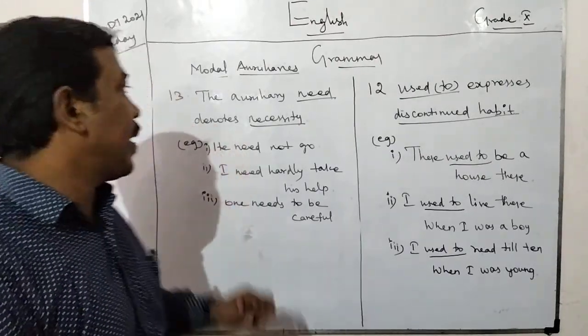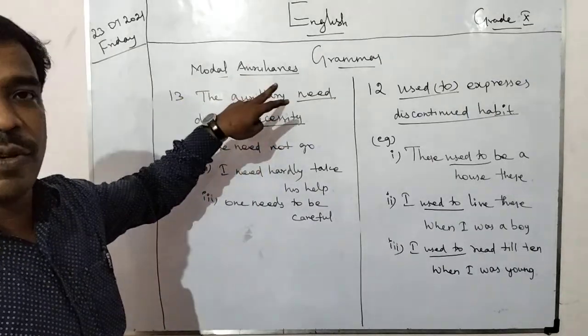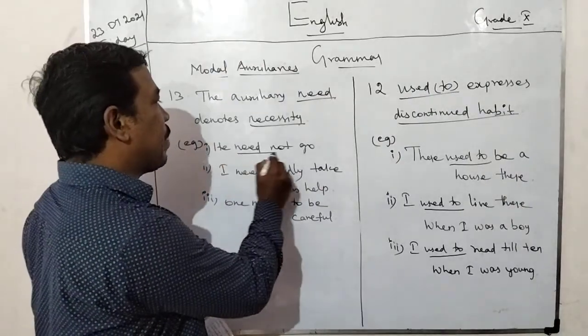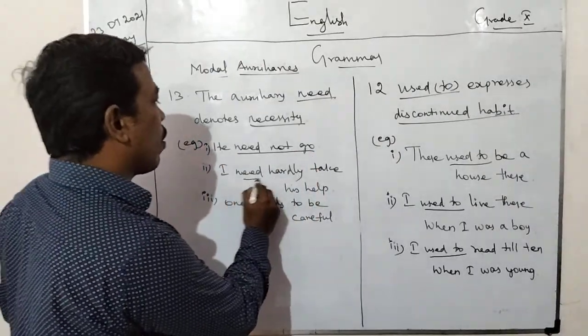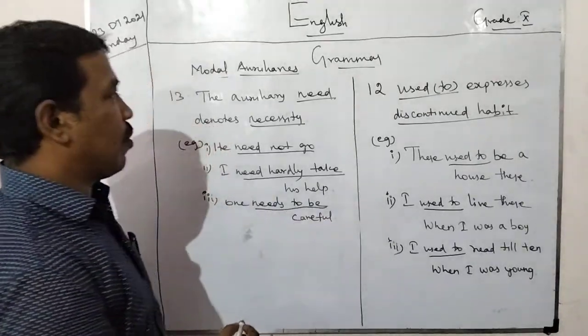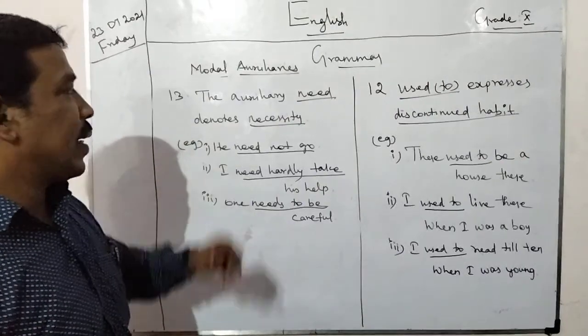Here, the auxiliary need denotes necessity. We are talking about modal auxiliaries. In he need not go, it acts as a helping verb. He need hardly take his help. One needs to be careful. So if it comes as an auxiliary verb, it denotes necessity.